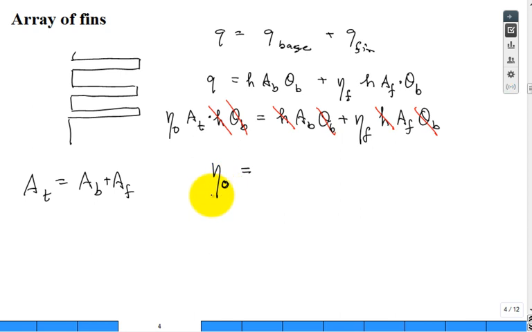Overall efficiency. Overall, because it's a combined efficiency for the base and the finned part of it. Okay, so that's going to be the area base plus the fin efficiency times area fin divided by area total.